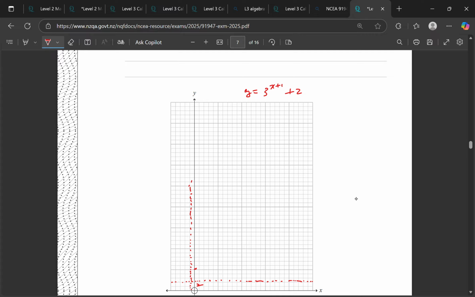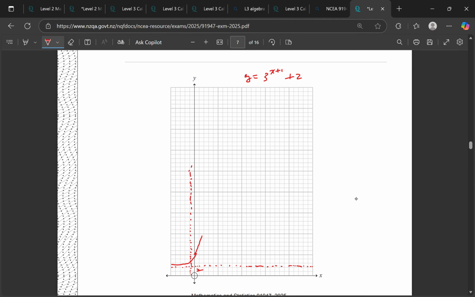Try again. So with this pattern, I draw really steep, maybe steeper. So like this. So remember, when x is 5, it was like 700 something. So it's up there. That should do.